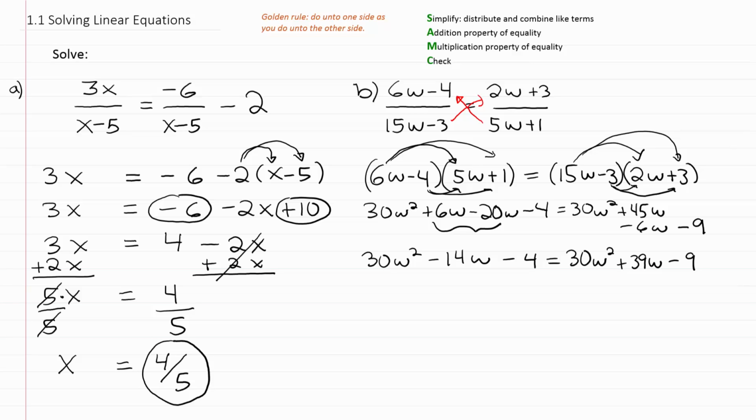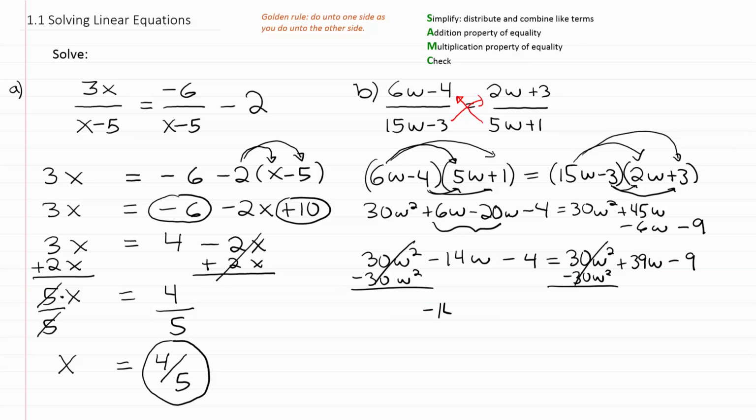Now from here we want to go ahead and use the addition property of equality to move the w's together on one side and the numbers on the other side. If I subtracted 30w squared from both sides of the equation and line those up, what ends up happening is these w squareds cancel out, so I don't have a squared term anymore. Then, for example, I can move the 39w to the left as well. So let me rewrite my equation first.